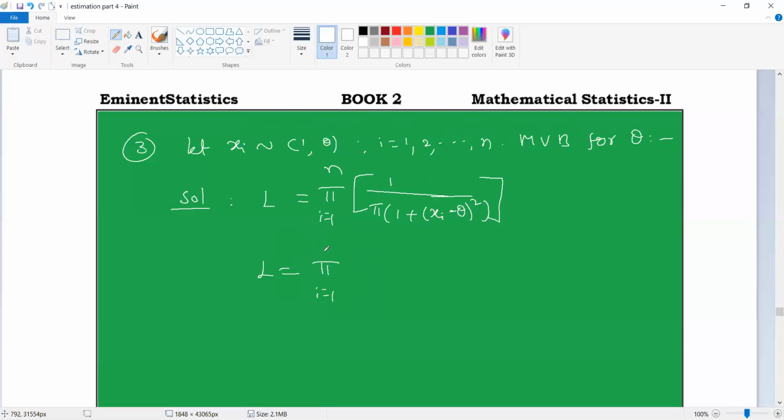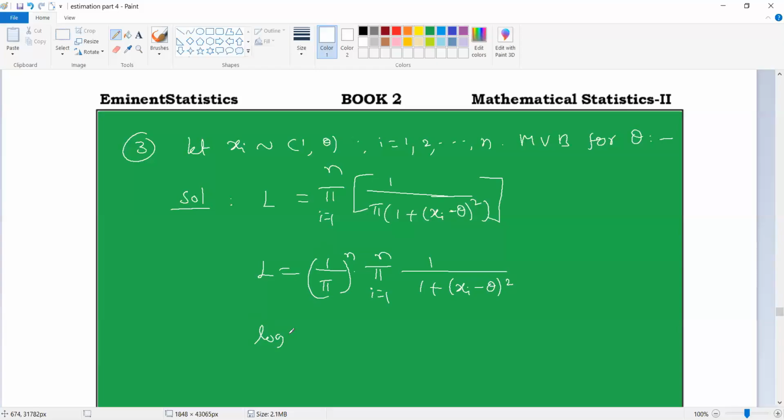Applying the product, 1 by pi is a constant, so it is 1 by pi whole power n, times product i is equal to 1 to n of 1 by 1 plus xi minus theta whole square.